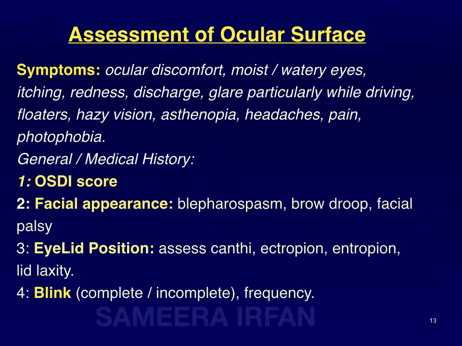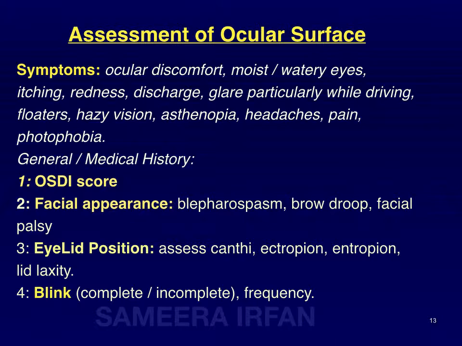The next important topic is the assessment of the ocular surface. As I said, there are 6 components which constitute the ocular surface. So we have to assess all of them separately to exactly know what is the underlying cause, because the problem from one component spreads to involve the remaining as well.